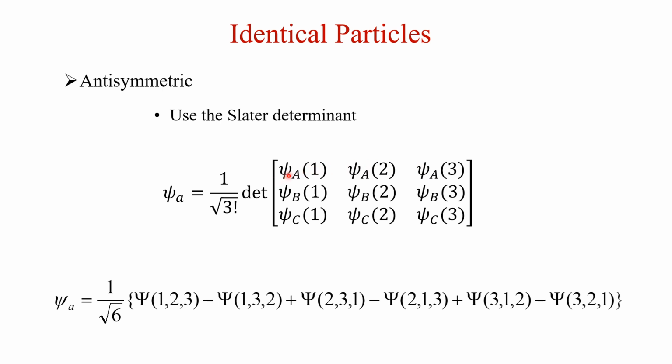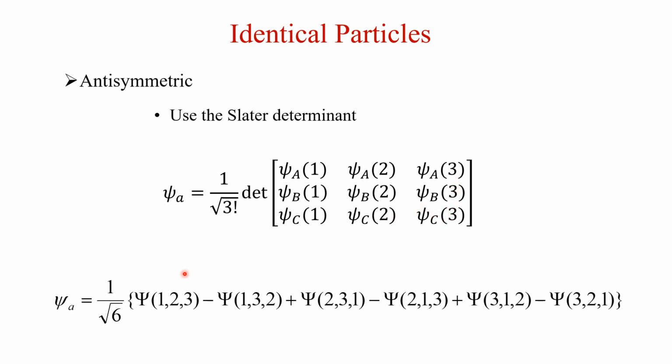Here, the first row is for particle A, second row is for particle B, third row is for particle C. In order to make things simple, I used R1 as simply 1, R2 as simply 2, R3 as simply 3. So the first column is for R1, second column is for R2, third column is for R3.